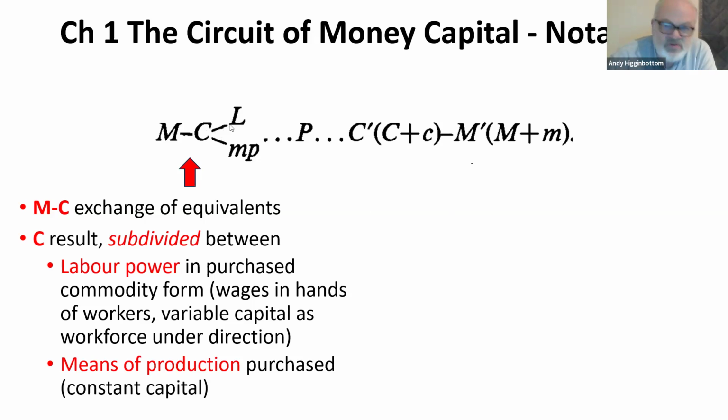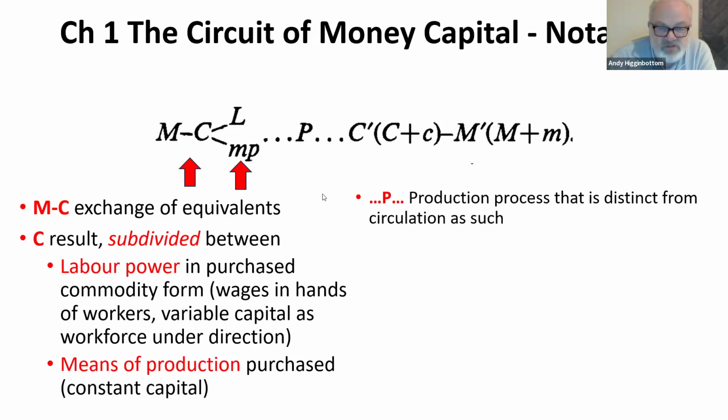What he's denoting here is a subdivision of commodities, but of 2 different subcategories. The commodities that are bought are either labor power or the means of production. And you'll probably remember that in volume 1, this would have been variable capital and constant capital. Okay, so those are those 2 aspects of the notation.